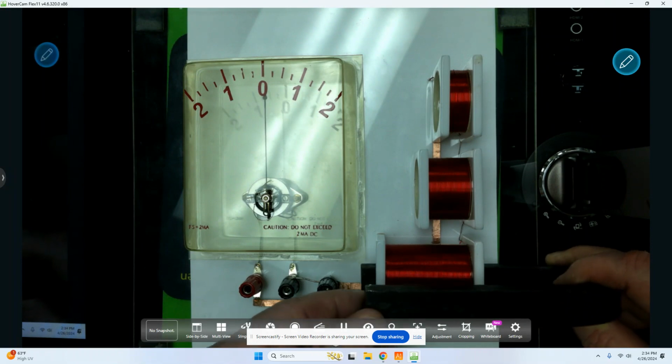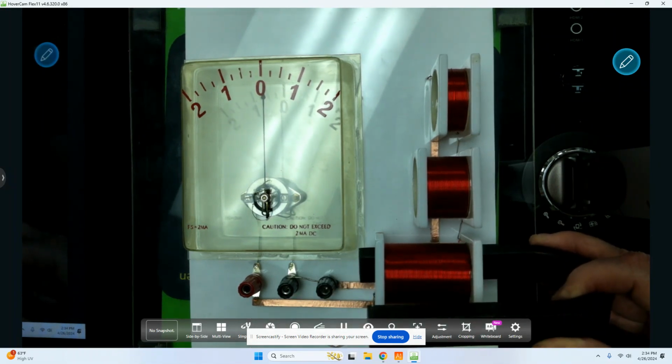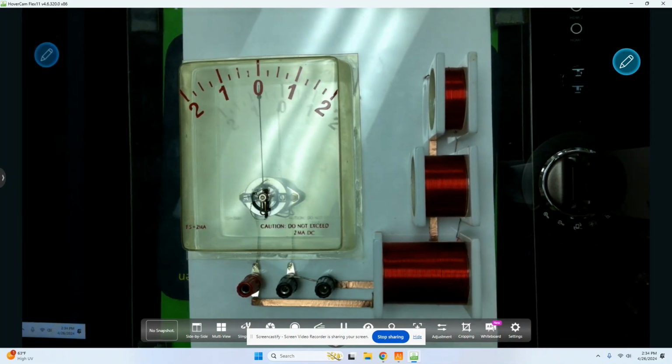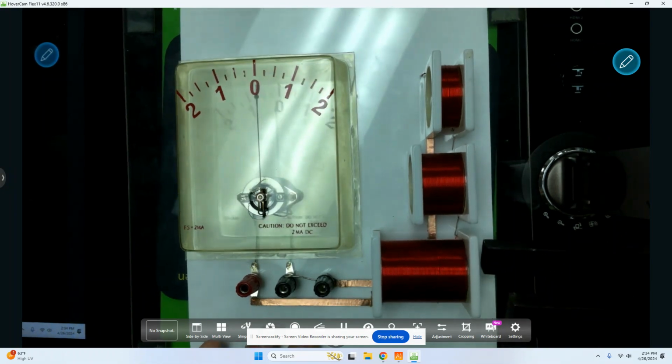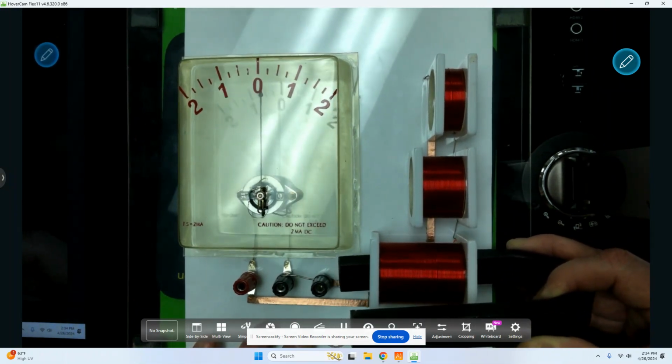You guys notice that when the horseshoe magnet is stationary, I don't have any current flowing. But when I pull that magnet out, you notice the needle moved. When I push the magnet back in, it moves as well. It's not magnetism that creates electricity. What is it?